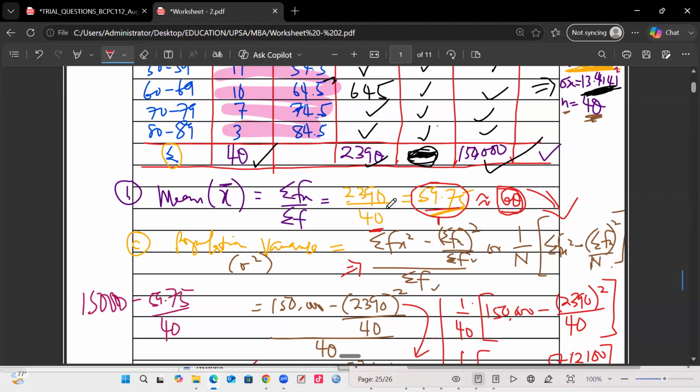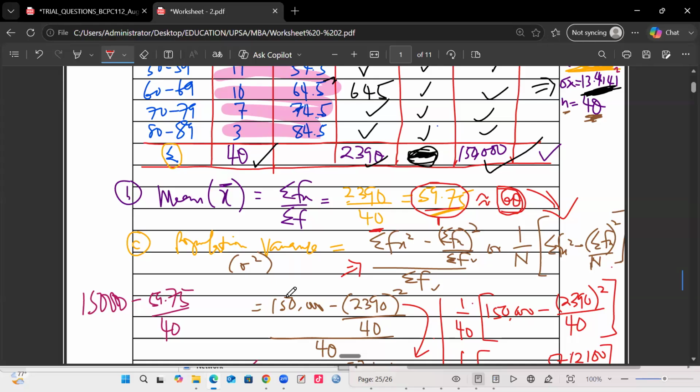Because the 40 cancels itself to 1. So this mean is the total output over the 40 workers. So we can say it's 59.75 for one worker. Every one worker produces 59.75 on the average.